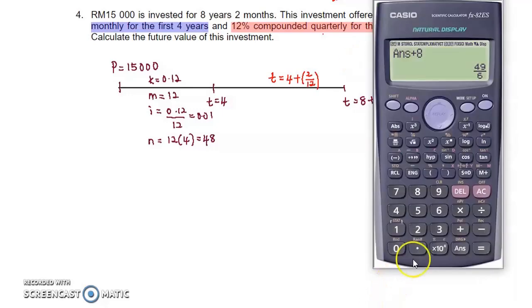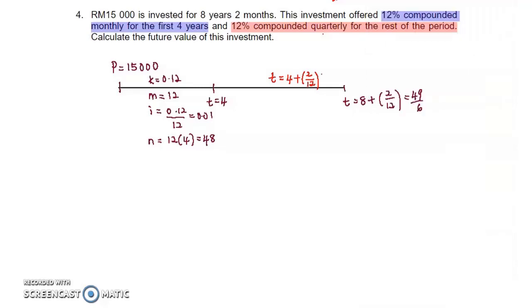So 4 years, 2 months is 25/6. Okay, this time the rate is 12%, compounded quarterly. Okay, now a different conversion period. So compounded quarterly, M equals 4.